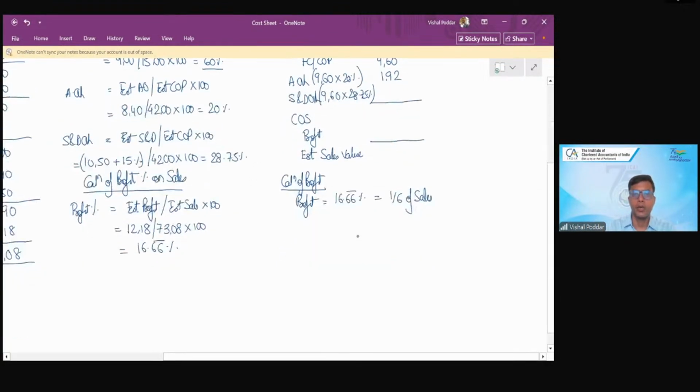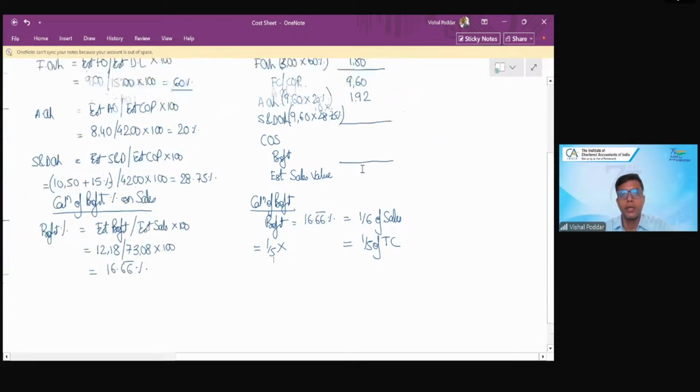If it is 1/6 of sales, it should also be 1/5 of total cost. Correct? So 1/6 of sales is also 1/5 of cost. So once I get my total cost, I will be able to find out this conveniently. Yes, how much is 960 into 28.75%? Students.